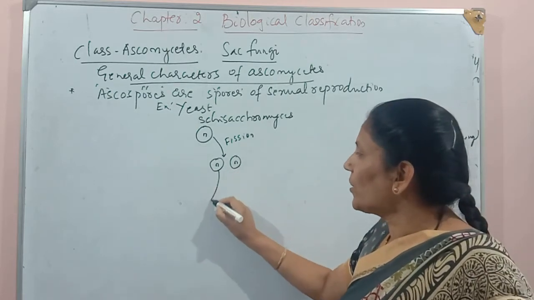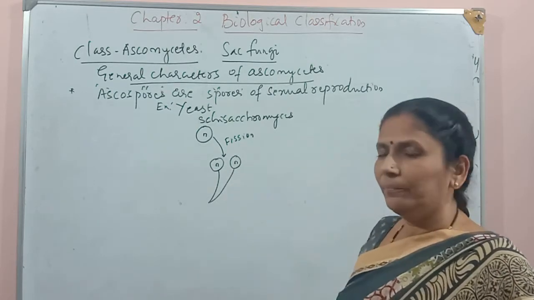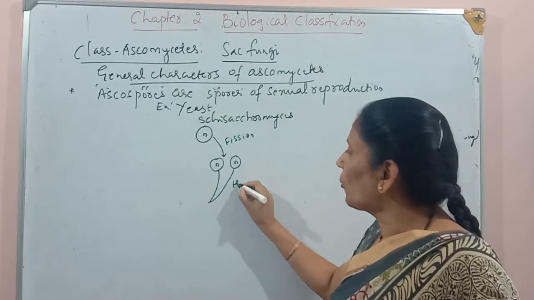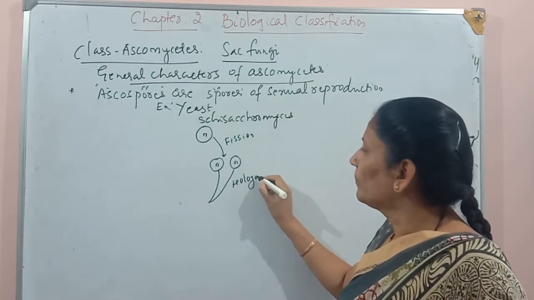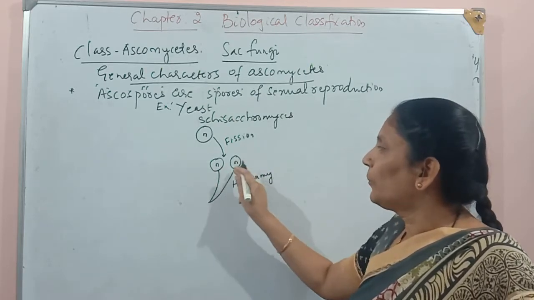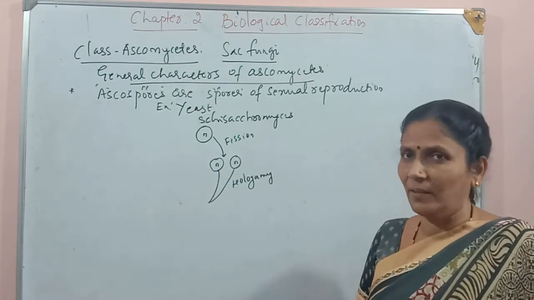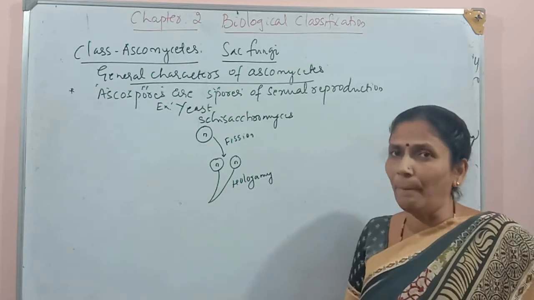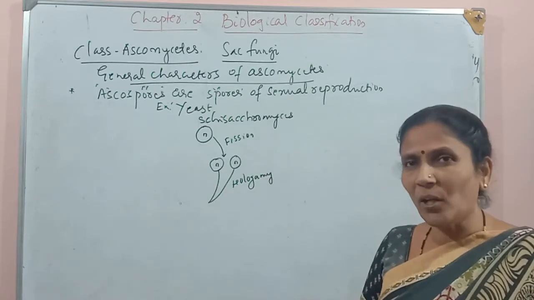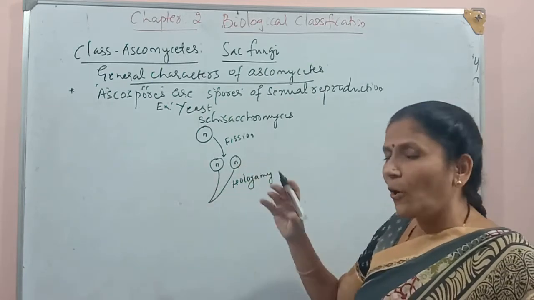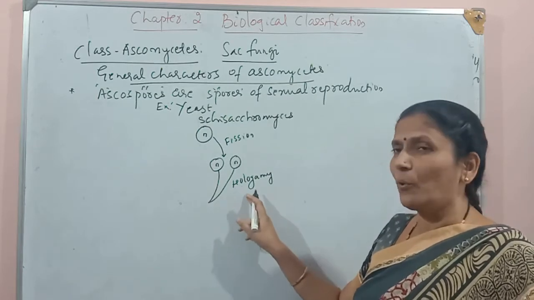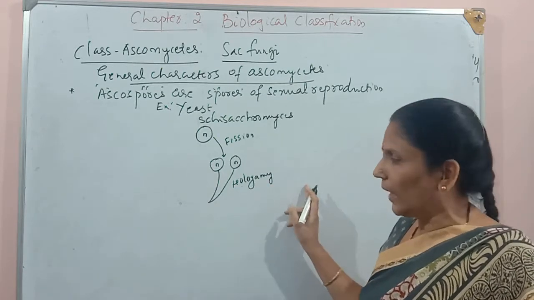And these two haploid cells fuse together. That process is called hologamy, because two haploid cells are fusing. These are not gametes, these are complete cells. Because these are originally haploid, there is no need of meiosis.